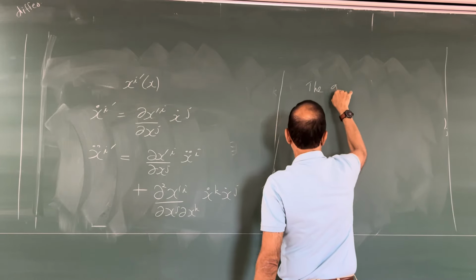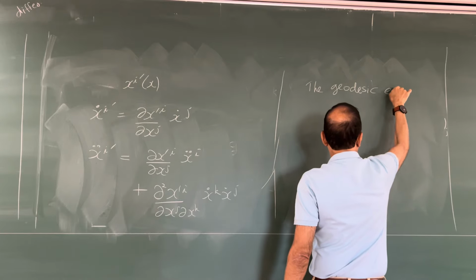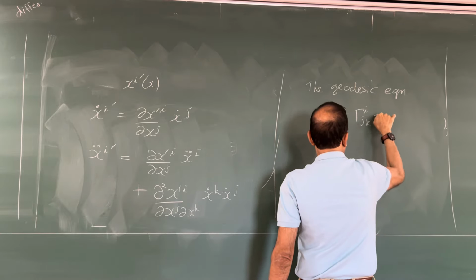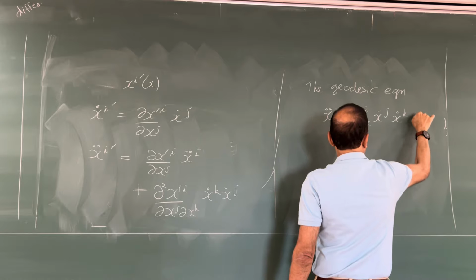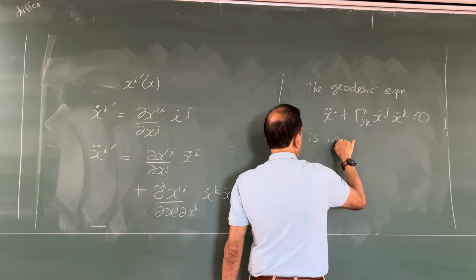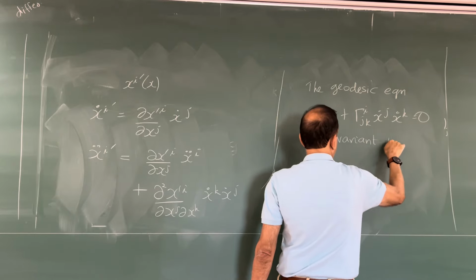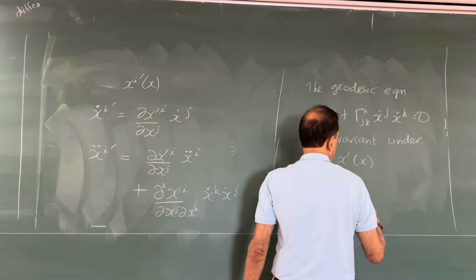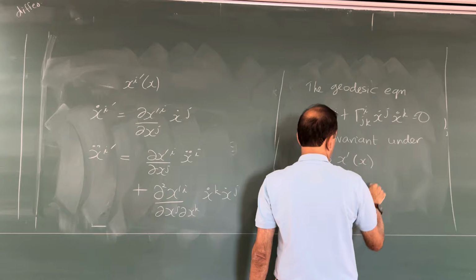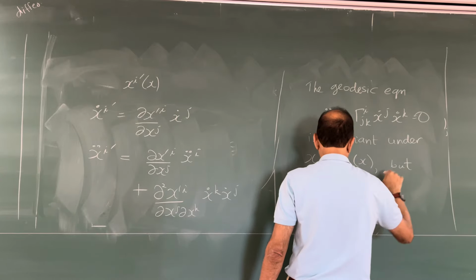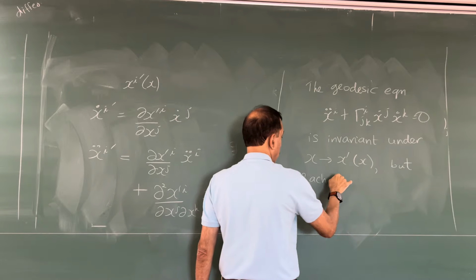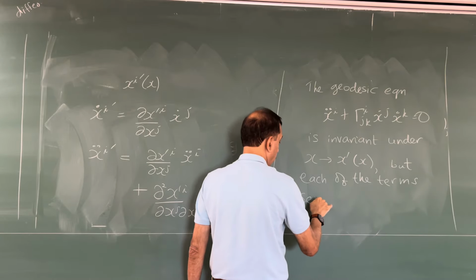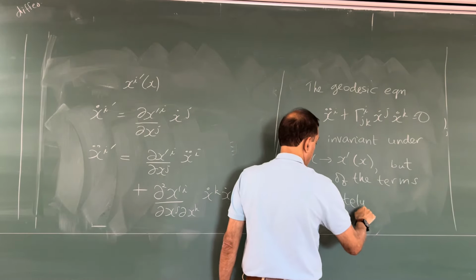The geodesic equation is invariant under a general coordinate transformation or general change of coordinates, but each of the terms separately does not transform like a tensor.